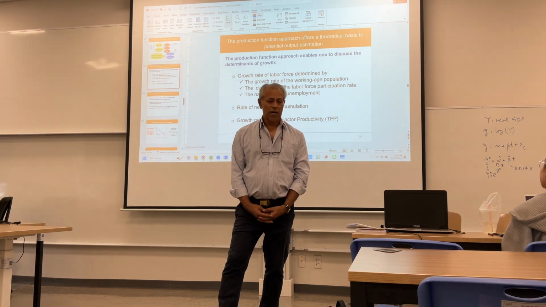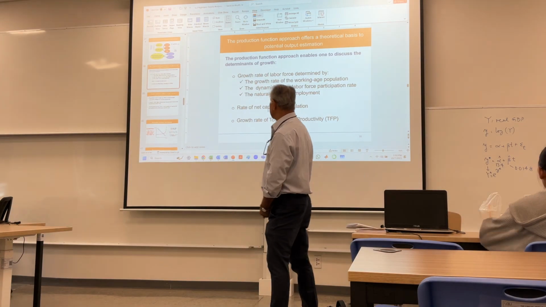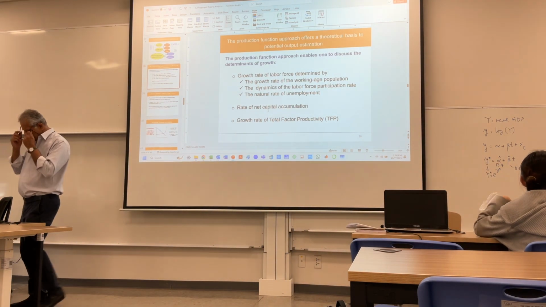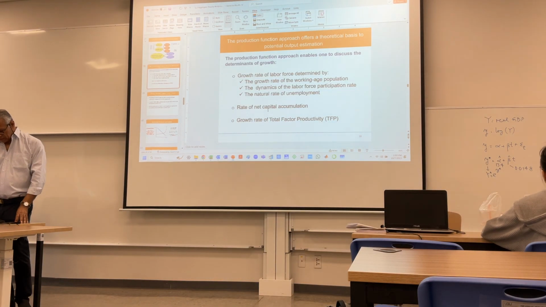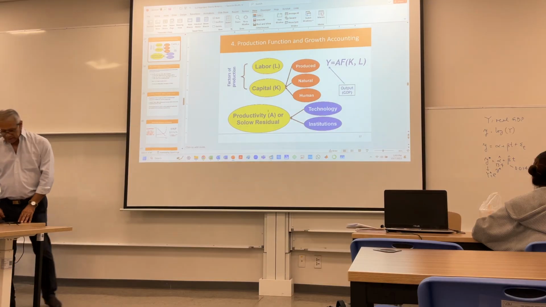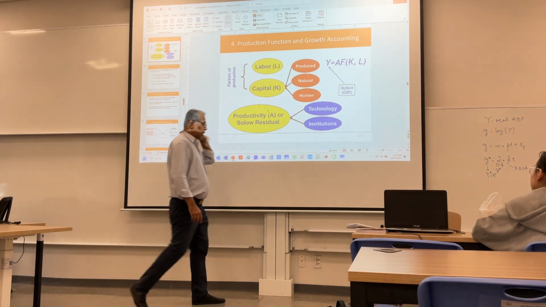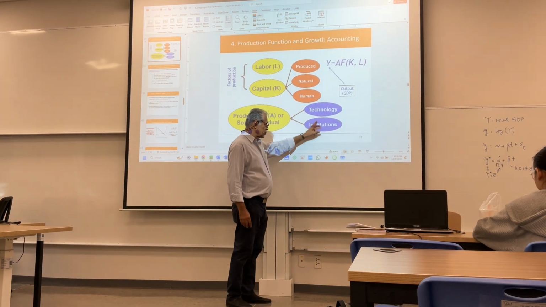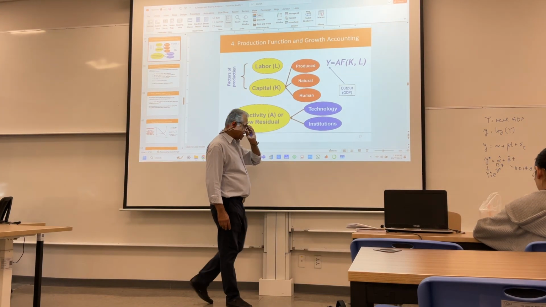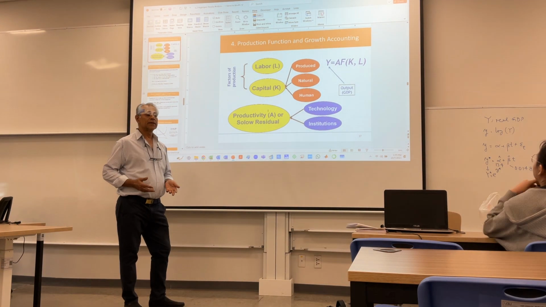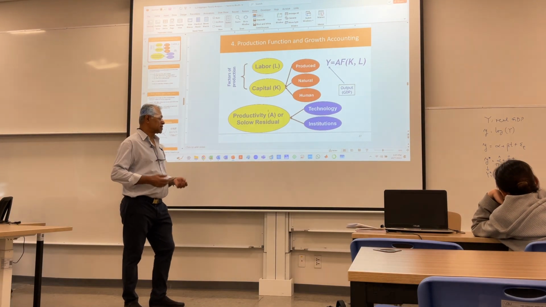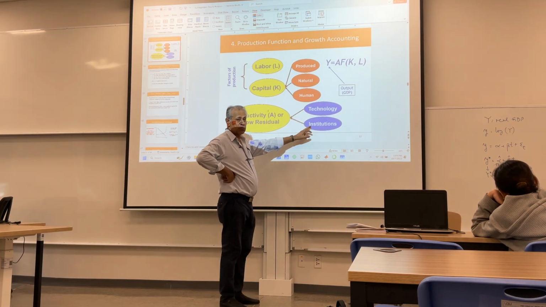Okay? And we try to put in more and more things that go into the production function. We try and include other things in this A, okay? And in particular, institutions, structural reforms, so on and so forth. If the economy works smoothly, if there are fewer restrictions on the economy, maybe there is a role for better institutions.